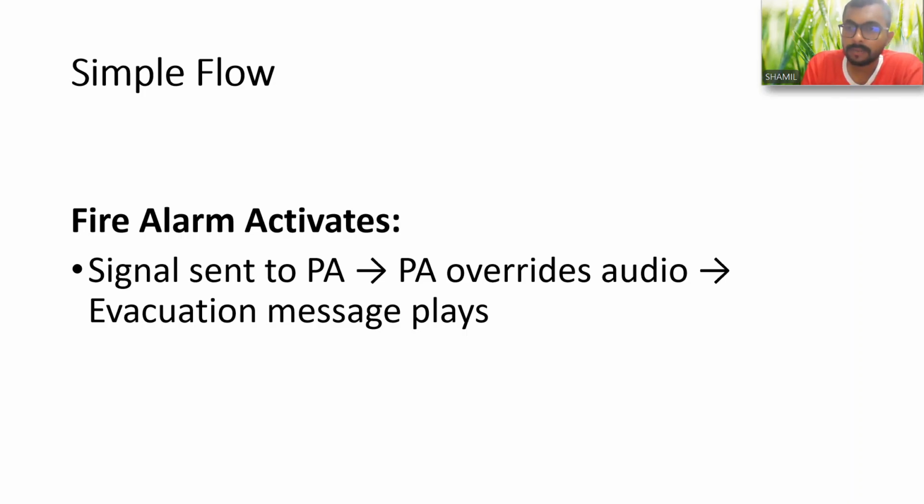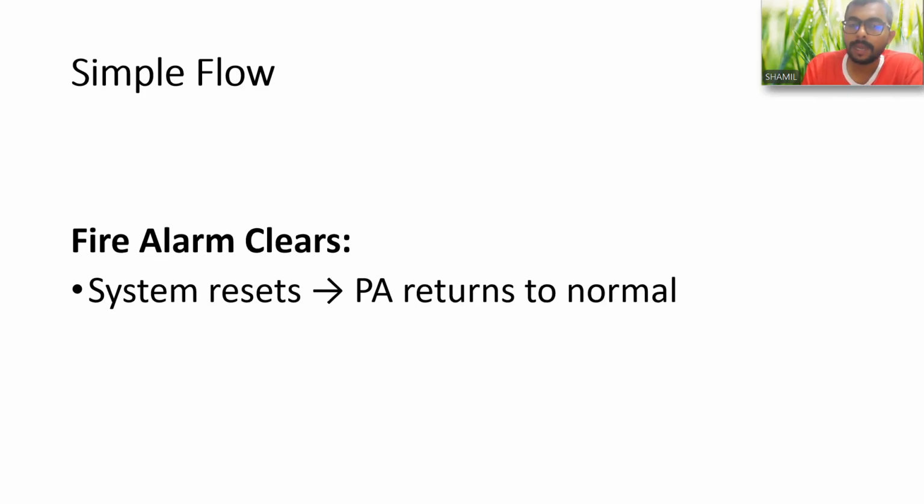During this time, the emergency evacuation messages will start playing. And what happens during the restoration period? Once the situation becomes normal, the system will reset and the public address will come back to the normal state.